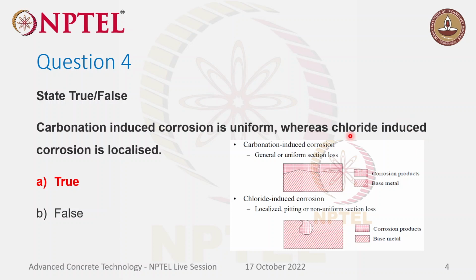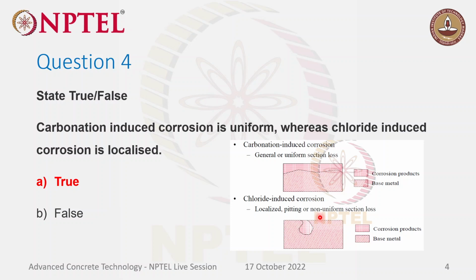So moving to this diagram taken from the lecture. More or less, carbonation induced corrosion is called general or uniform section loss. But when it comes to chloride induced corrosion, there will be localized or pitting corrosion. The section loss will not be uniform.